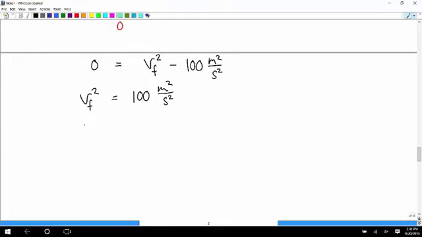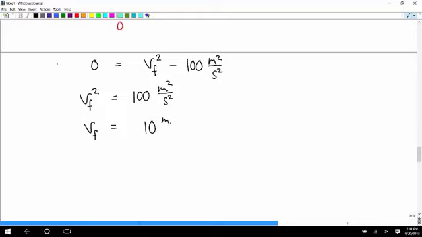Okay, so now VF is equal to, leave a little space here, 10 meters per second. There's something important that I missed. When you take that square root, it's plus or minus, and now we're going to use the physical meaning to tell us which one we want, the positive or the negative.